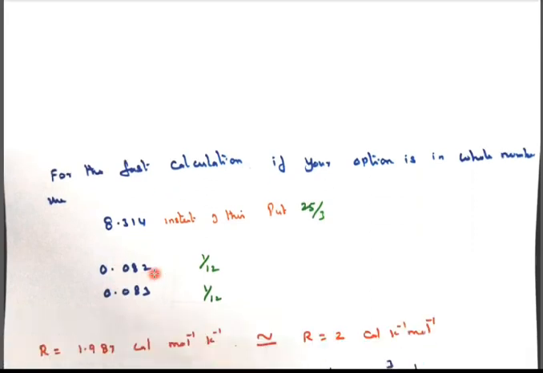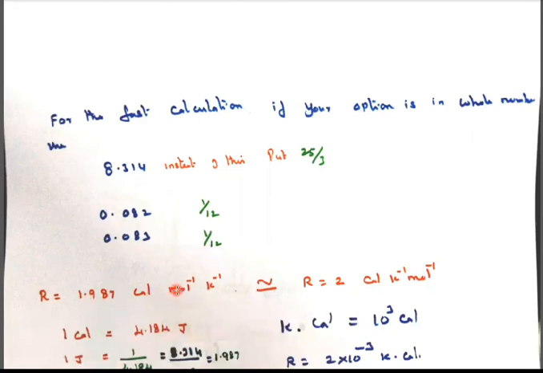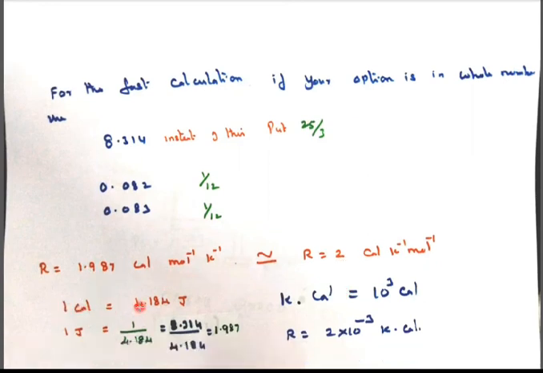Similarly, for 0.082 or 0.083, which are odd values, just put 1 by 12. If it is 1.987 calorie per mole Kelvin, round up to 2 calorie per Kelvin per mole. 1 calorie is 4.184 joules, therefore 8.314 divided by 4.184 gives 1.987 calories, rounded to 2.